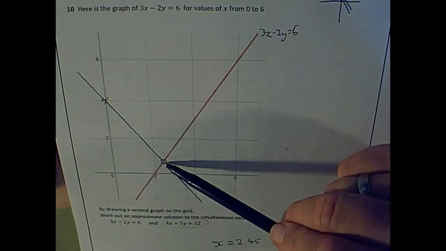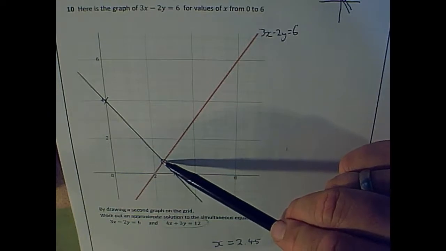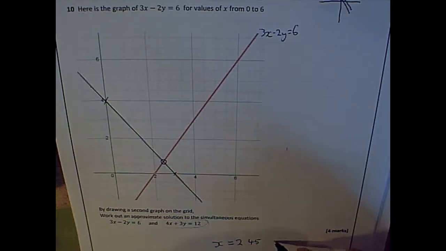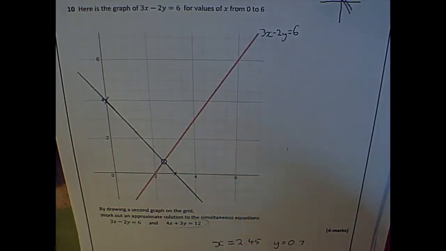I'd say that's about 0.7. So x equals 2.45, y equals 0.7. I'm going to put that in my answer bit.